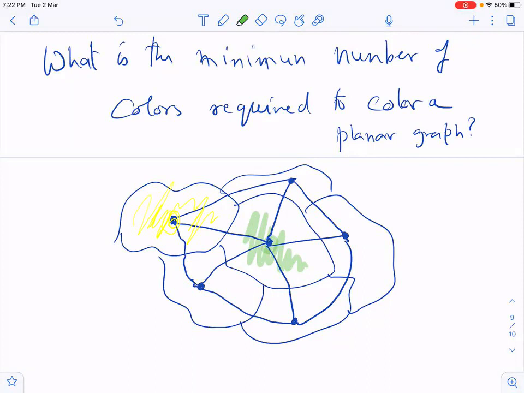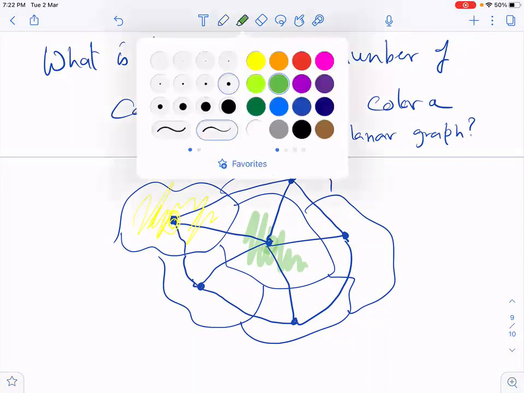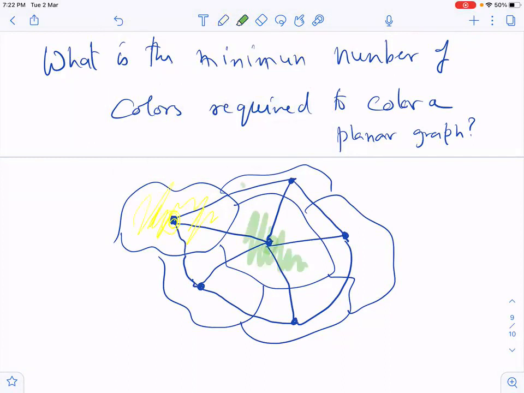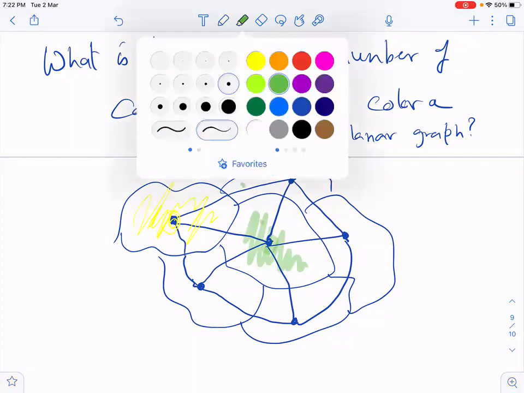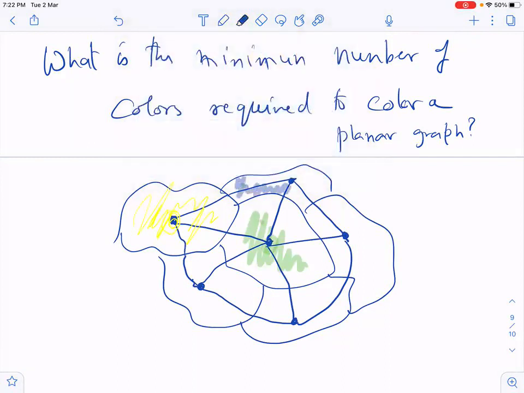And by doing so, a proper coloring of this map, meaning any two adjacent pair, so I cannot color this one green because this one is already adjacent to it, right? A proper coloring will have used different colors. Maybe this is blue, and then maybe this is green, this is yellow.